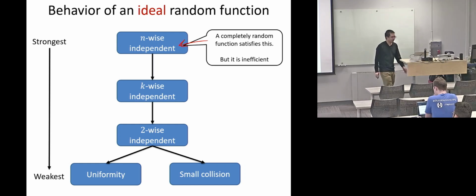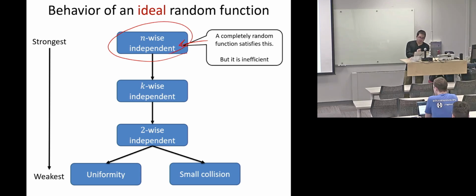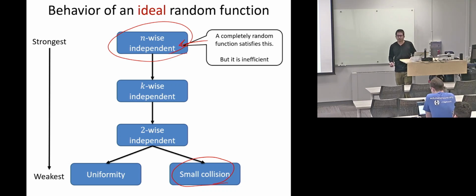If you want this thing, it means you need a completely random function, which is too inefficient. If you want just this thing, then you can hope for something much more efficient. Right, so the distinction between k-wise and n-wise independent is that k is just some value less than n.